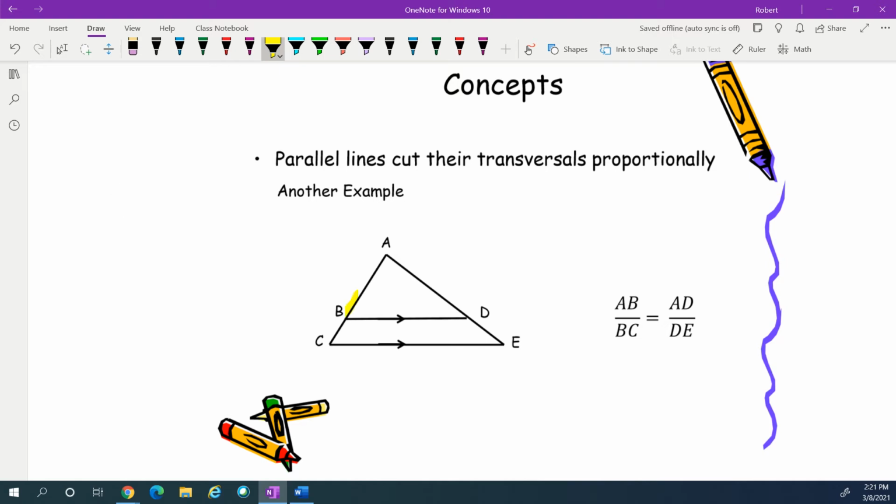So we can say AB over AC, or we can even do AB over BC. The top section over the bottom section corresponds to the top section over the bottom section.